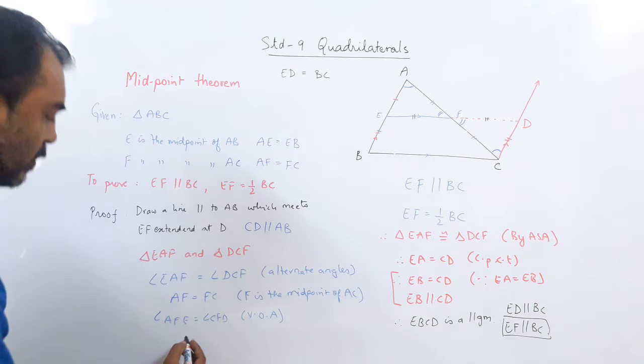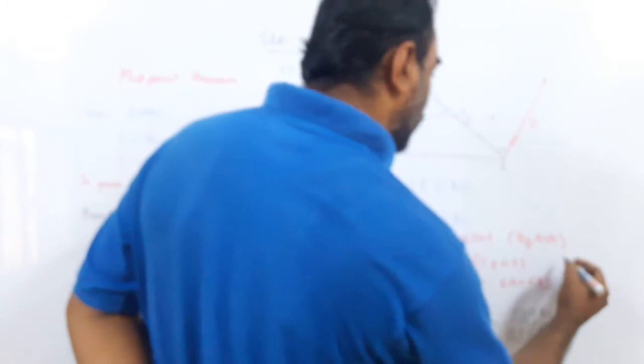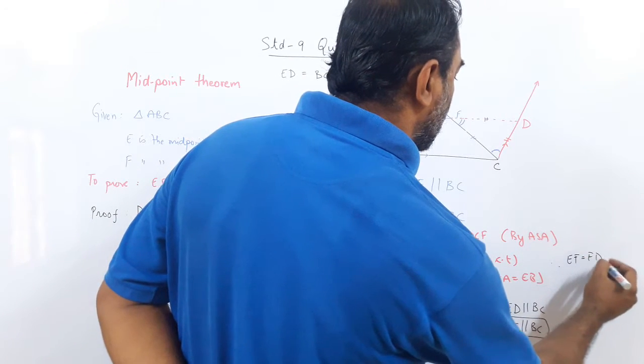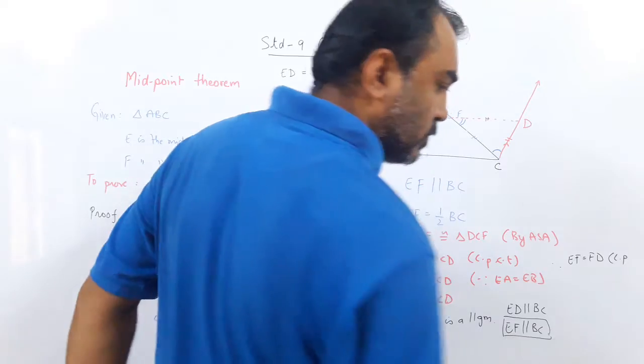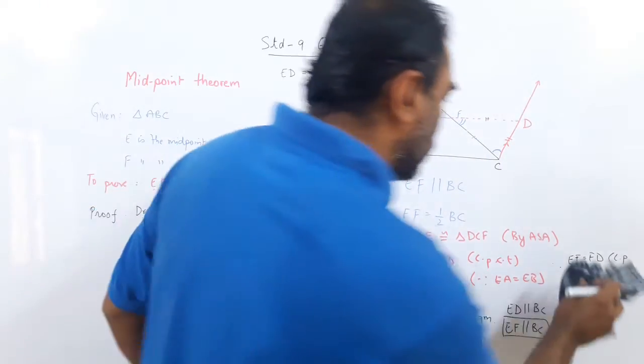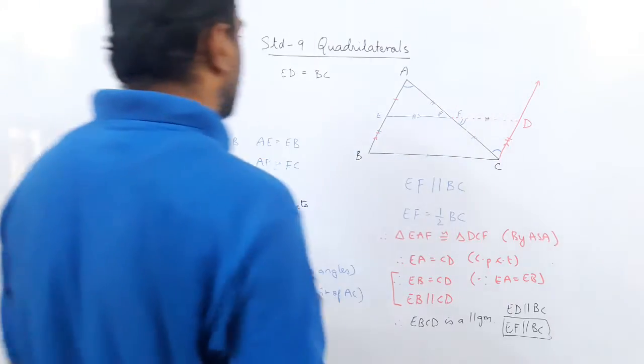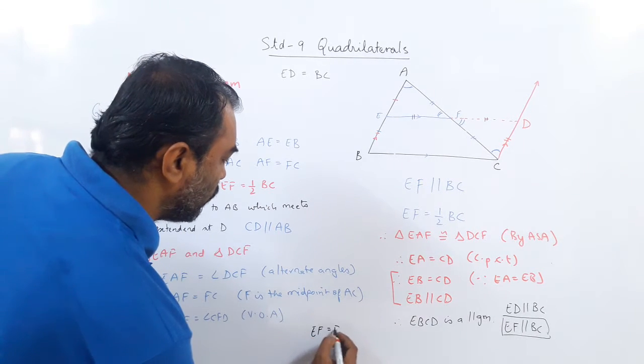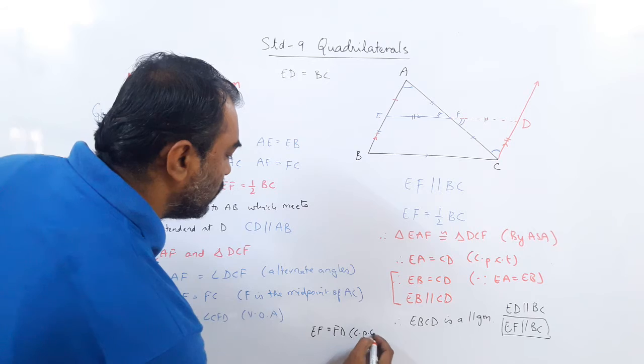Because they are congruent, therefore also EF equal to FD by CPCT. Okay, can you see it or not? I'll write it here: EF equal to FD by CPCT.